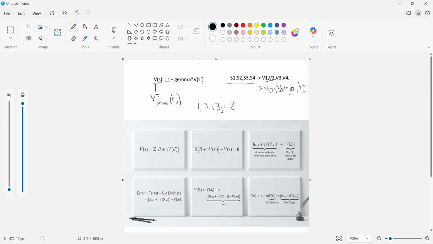That is the whole training objective of a reinforcement learning algorithm. We are striving to find the best value for our states, or if I am talking about the state action function, we are trying to find the most optimal value for a state action pair.